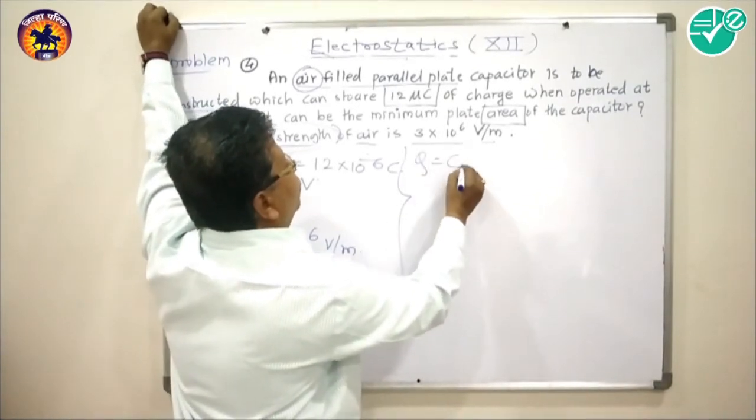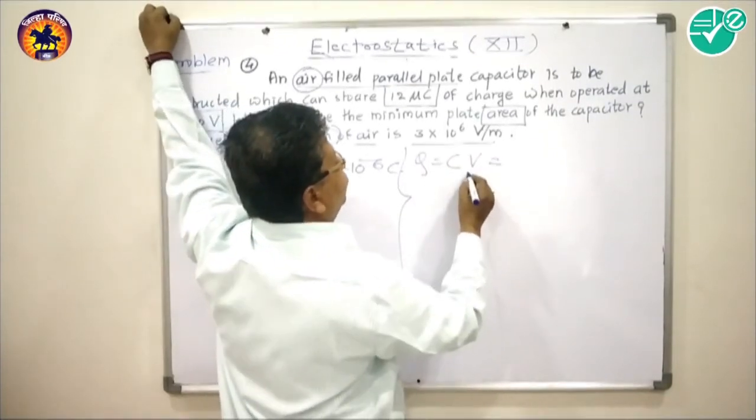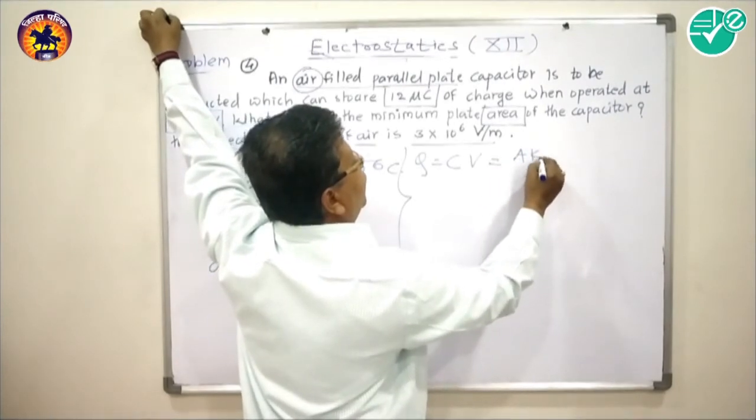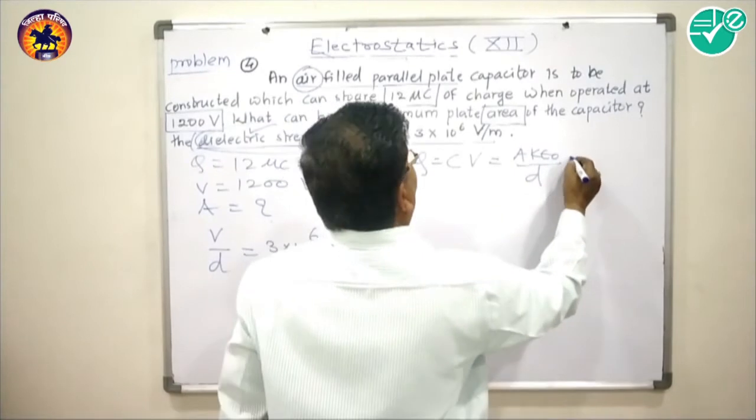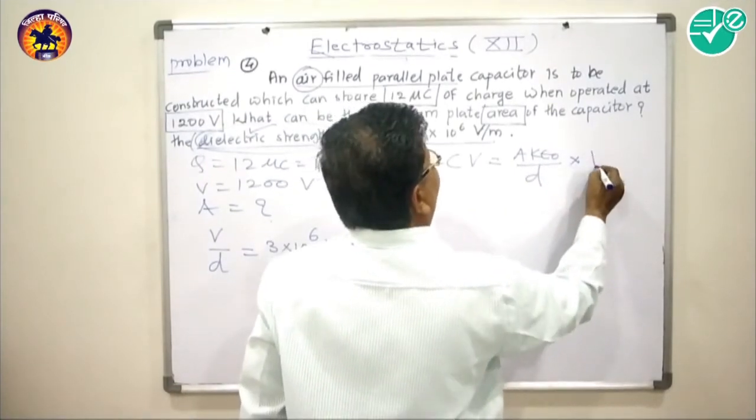Then Q is equal to CV, and the value of C is A K epsilon 0 divided by d, into V.